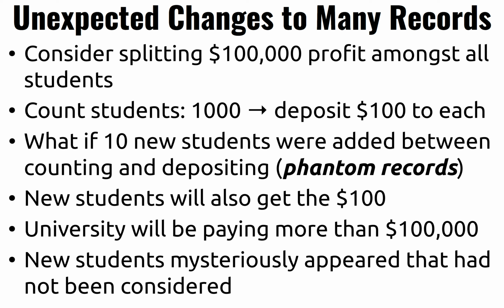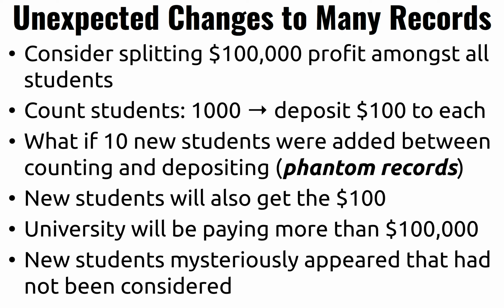So a transaction came through, inserted these 10 records, and then it left. Now, in the original transaction that had decided to deposit $100 for everybody, they're not going to update only 1,000 records, they're going to update 1,010 records.